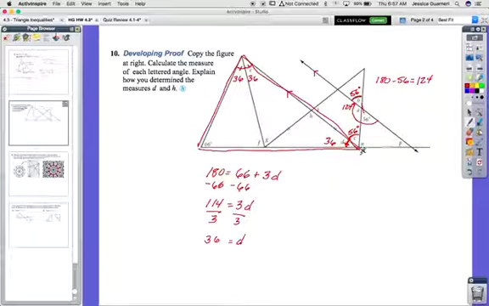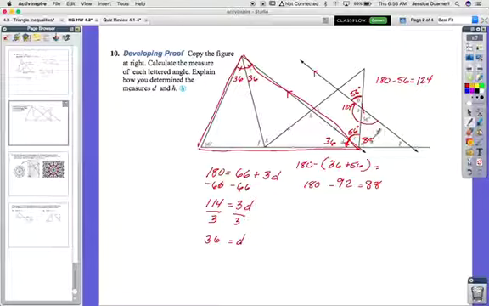All right, so now I pretty much have all the information I need in order to complete the whole figure. Knowing that this is 36 and this is 56, to get N, I would subtract that from 180, right? So 36 plus 56 is 92. So 180 minus 92 is 88.